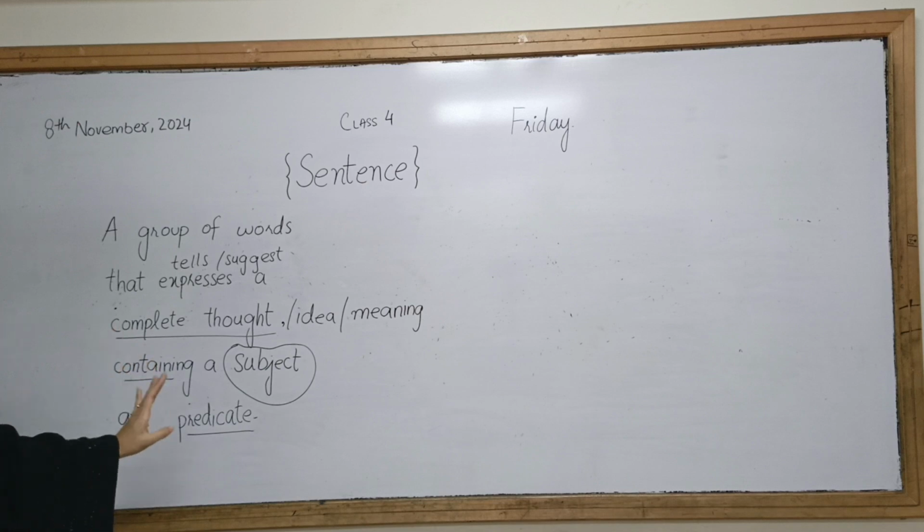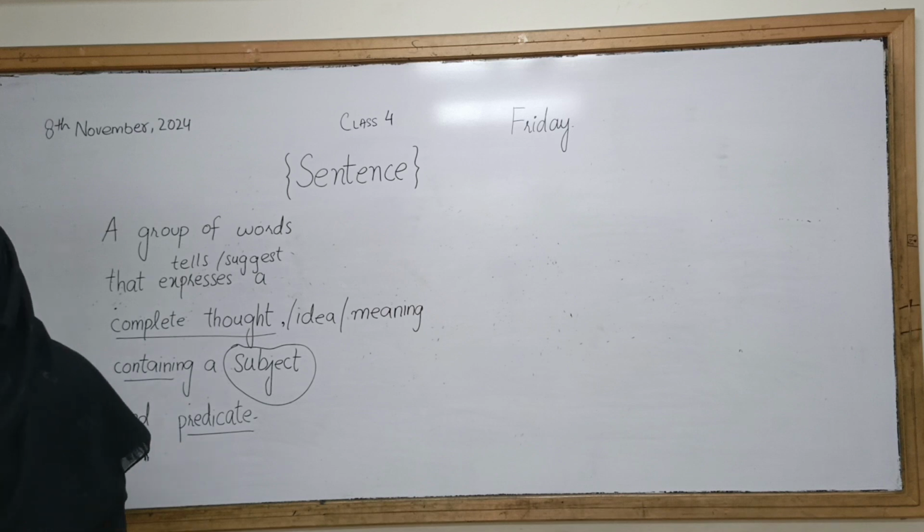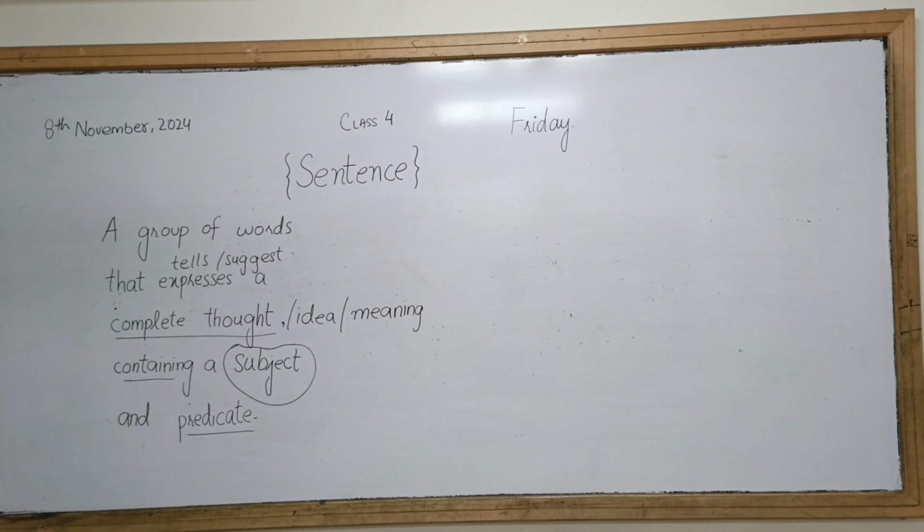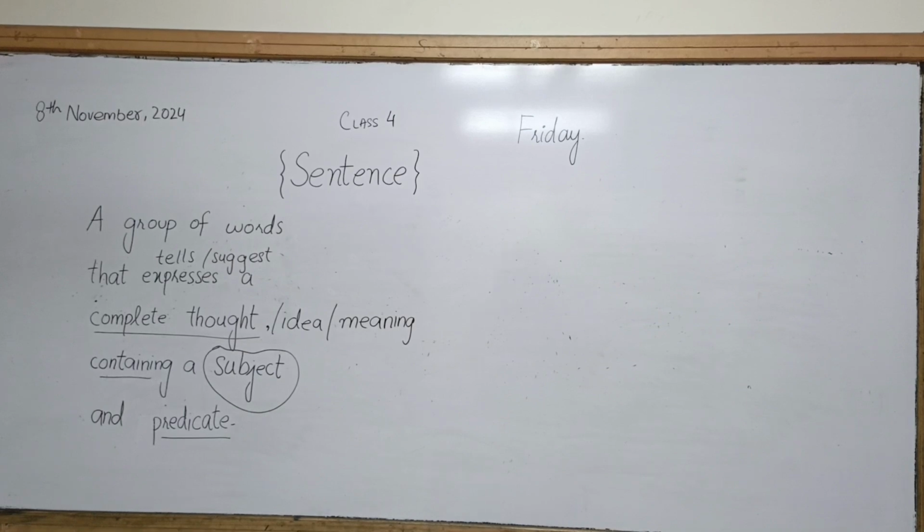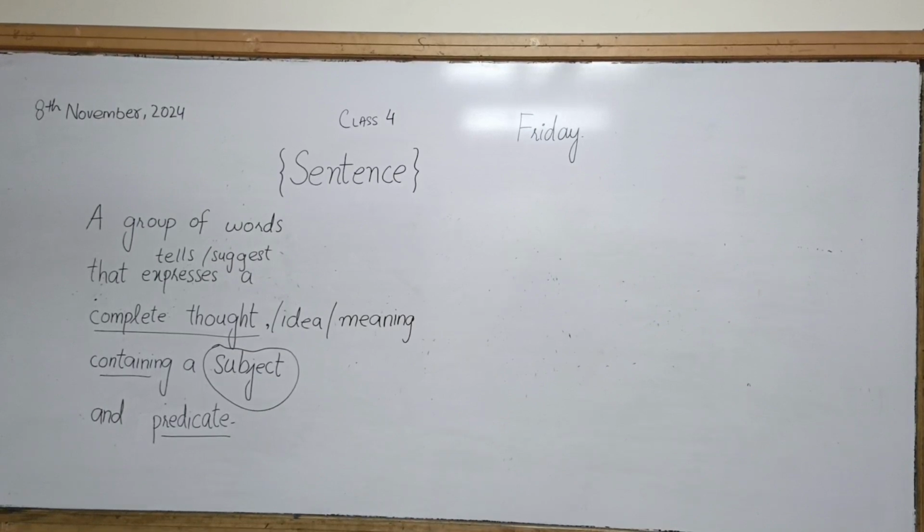You all are aware of what a subject is, but quite a few, most of them, don't know what a predicate is. Now I will explain the second part of this sentence. This is a predicate, and now I will tell you what actually a predicate is. Okay, now we are moving towards what a predicate is.